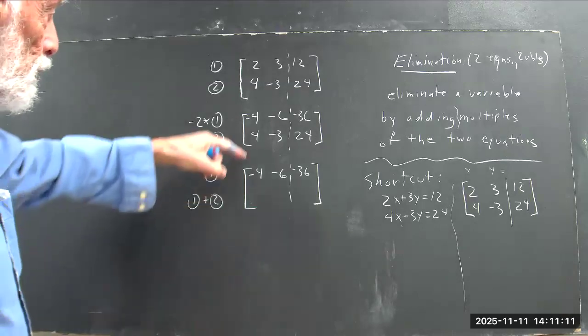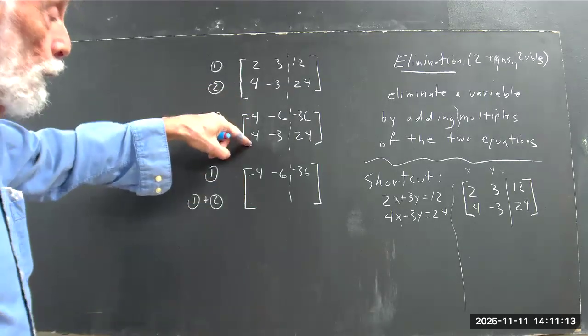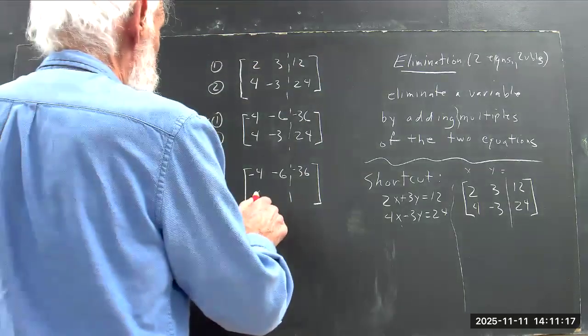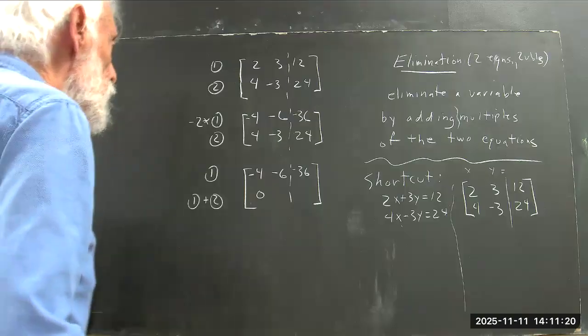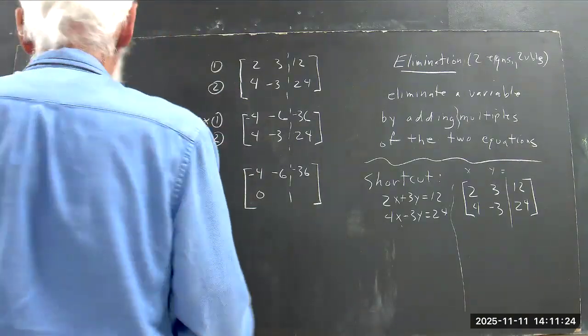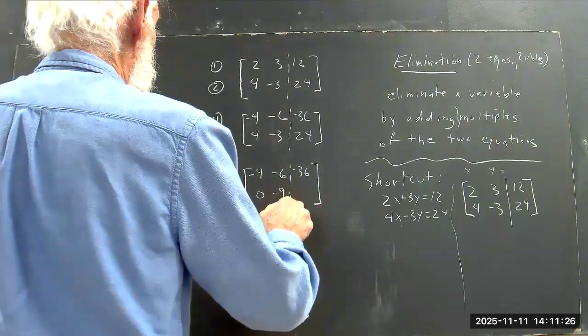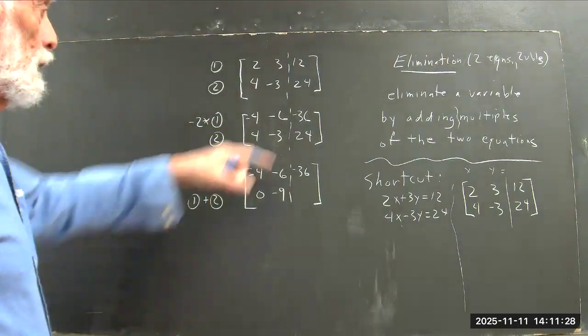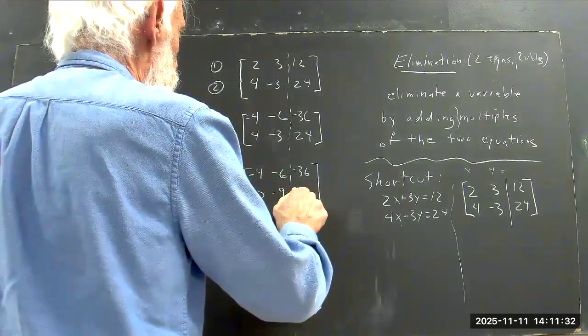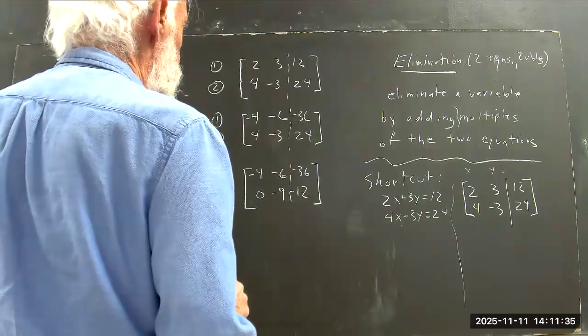Well, that means we add the -4 and the 4. We get 0. Then we add row 1 and row 2 here. -6 and -3 gives us -9. -36 and 24 gives us -12.